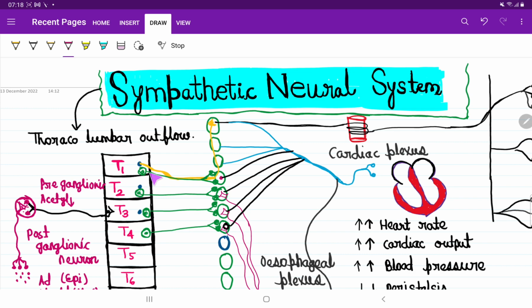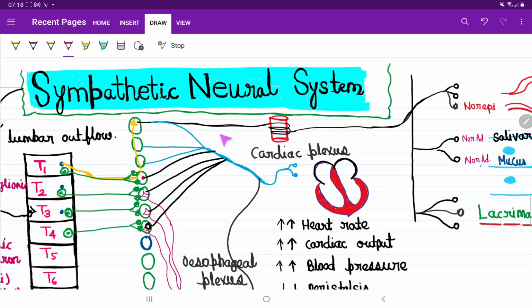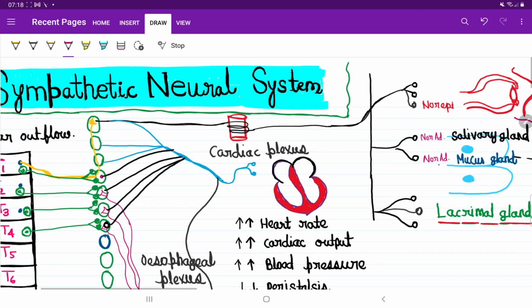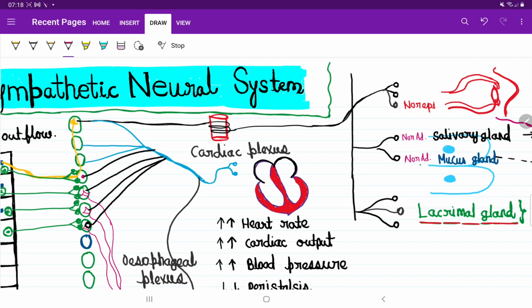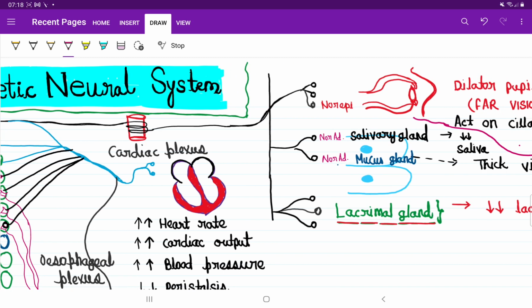Nerves from T1 will rise from here and go a little above. The sympathetic preganglionic neuron forms a synapse with the postganglionic neuron, and they supply our eye, our salivary gland, and our lacrimal gland.